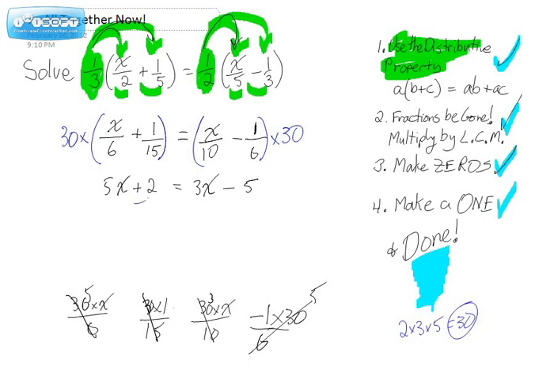I'm going to subtract 2 from both sides, and I'm also, while I'm here, going to subtract 3x from both sides. When I sort those out, 5x minus 3x is just 2x.